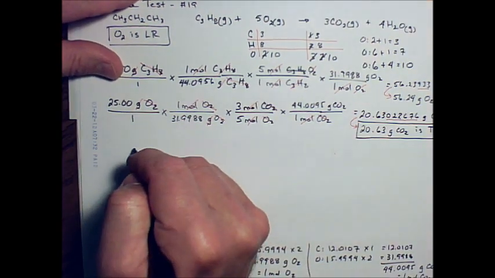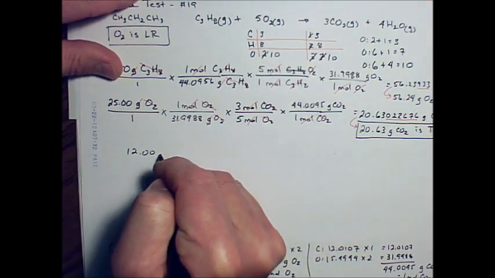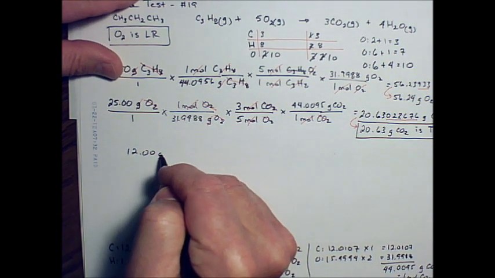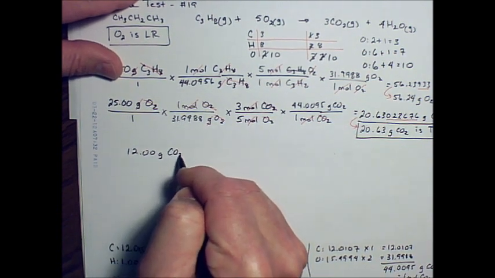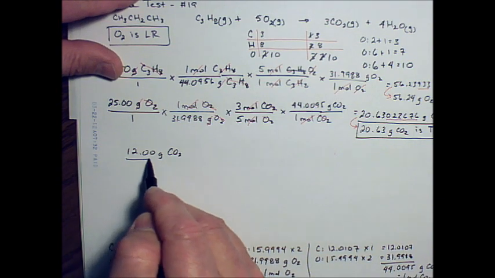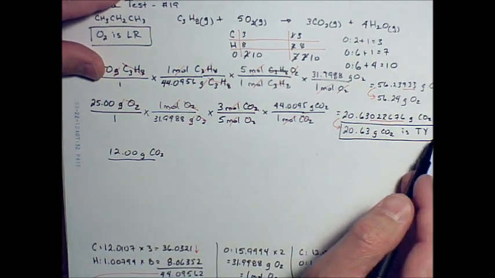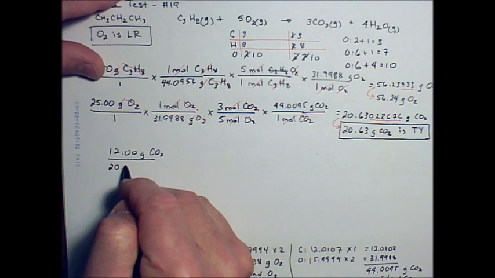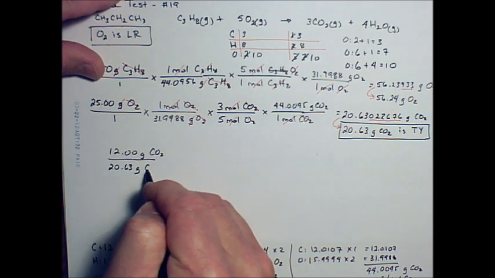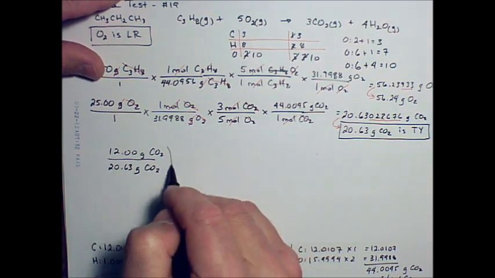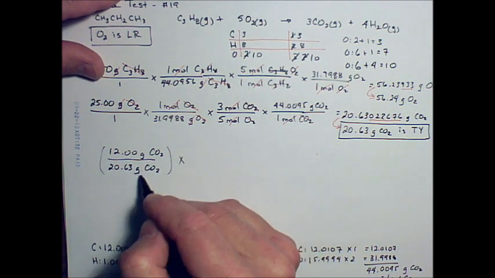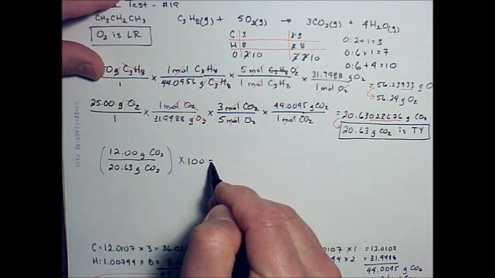So 12 grams of carbon dioxide was collected. So that actual yield goes over the theoretical yield we calculated here. And we take that answer, after we do that math, and multiply the answer times 100 to get the percent yield.